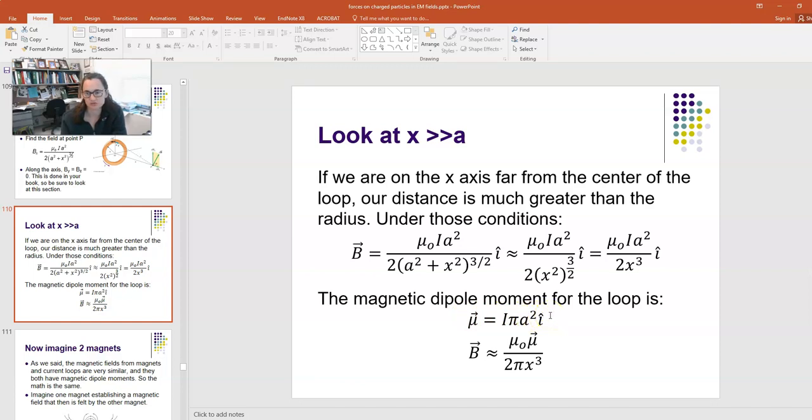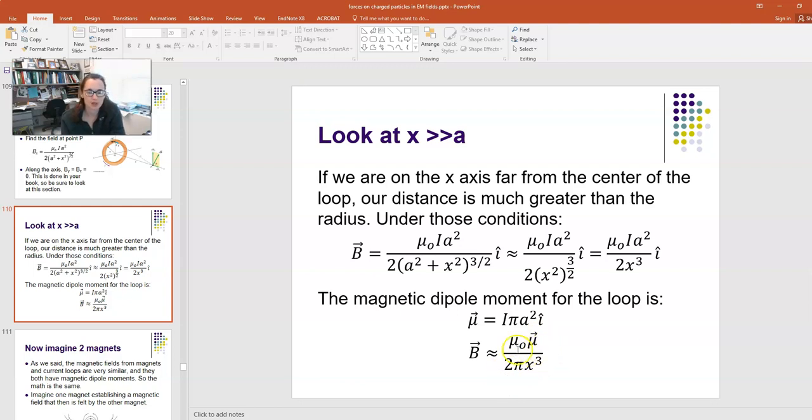I-hat is the direction, πa² is the magnitude of the area vector, and of course I is the current. So if I substitute that into our equation for the magnetic field, you can see I already have the Ia², so all I have to do is multiply the top and bottom by π, and I have it. So the magnetic field from this current loop along that x-axis is approximately equal to μ₀, the permeability of free space, times the magnetic dipole moment for that loop, μ, over 2πx³.